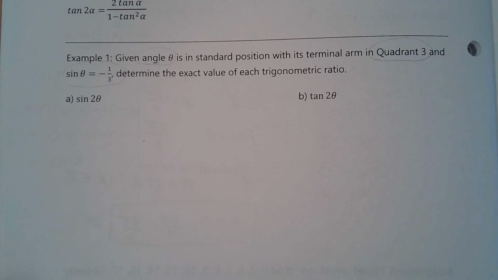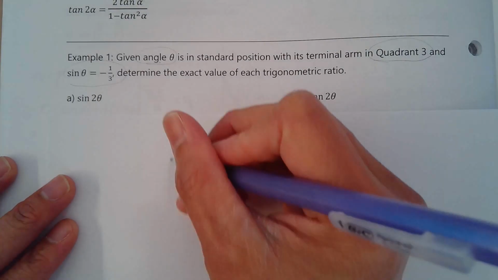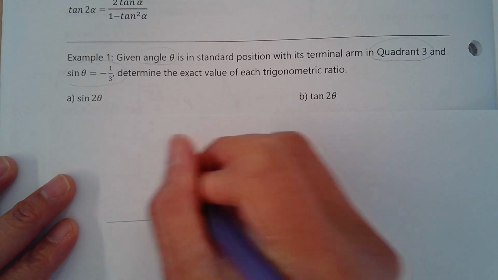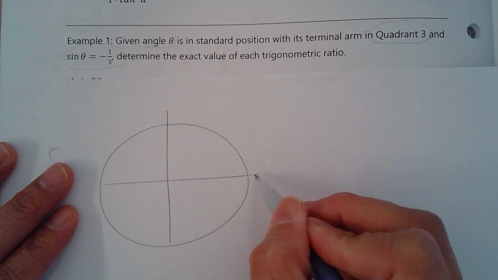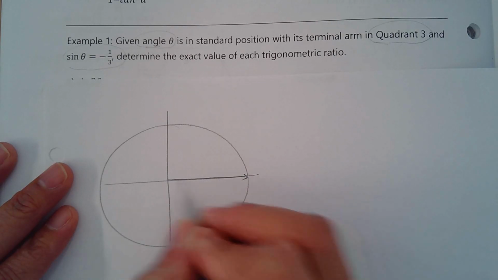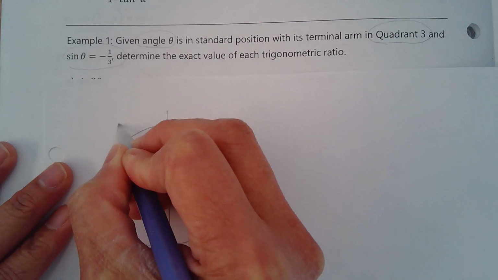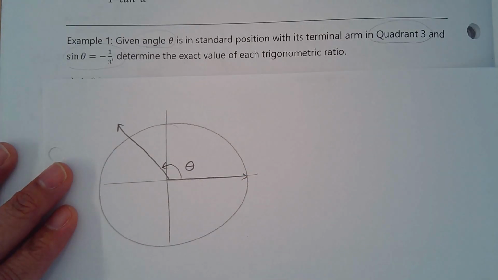So when we look at the unit circle, it kind of looks like this. Okay, unit circle, it's in quadrant 3. Angle in standard position in quadrant 3.